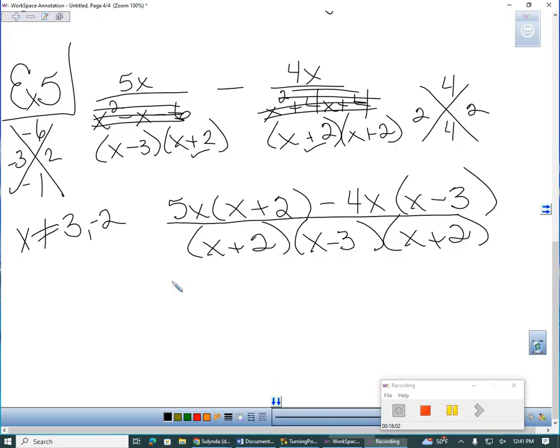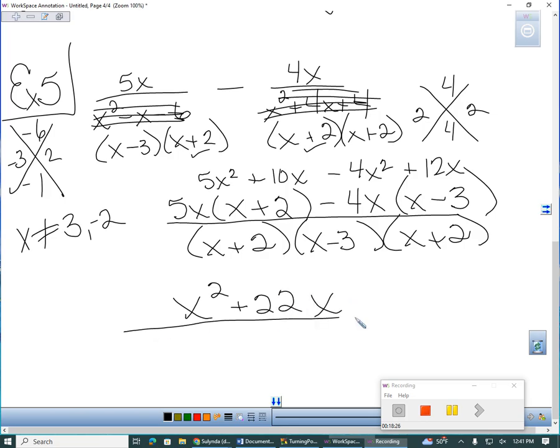So 5x times x is 5x squared. 5x times 2 is 10x. Negative 4x times x is negative 4x squared. Negative 4x times negative 3 is positive 12x. So 5x squared and negative 4x squared is x squared. 10x and 12x is 22x. And our common denominator on the bottom, x plus 2 times x minus 3 times another x plus 2.